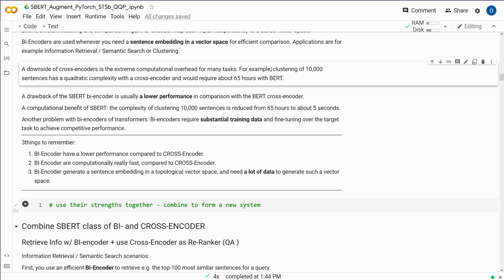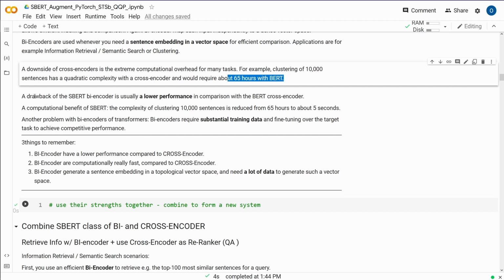For example, and this is of importance, if you have 10,000 sentences, you have a quadratic complexity if you want to calculate it with a cross-encoder. And if you have a V100 GPU, you have about 65 hours of compute time.